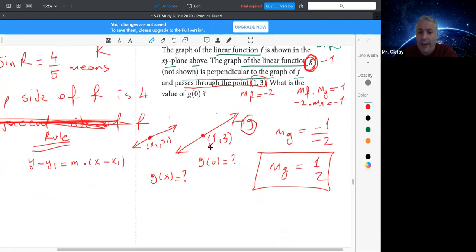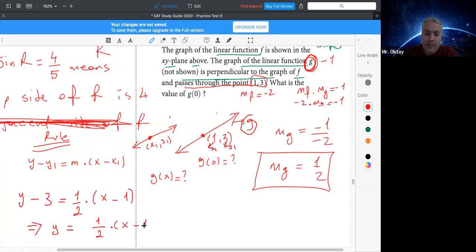So this is now x1 and this is now y1. So I am writing y minus y1 equals the slope, which is 1 over 2, I have calculated before, times x minus x1. Here, I can even say this: y is equal to 1 over 2 times x minus 1 plus 3.